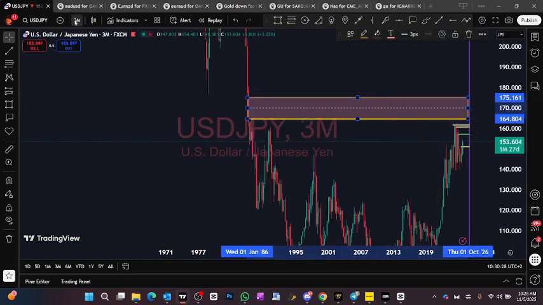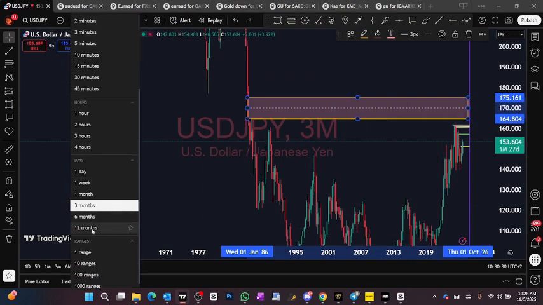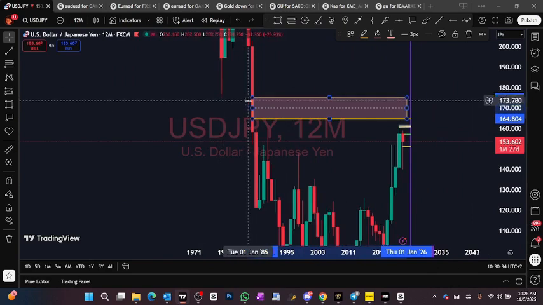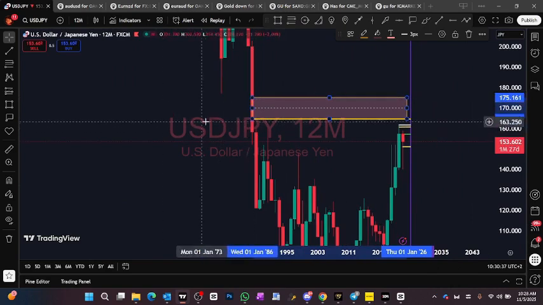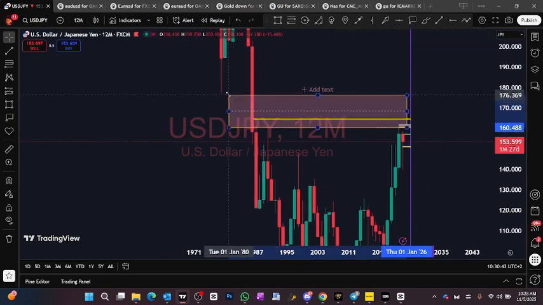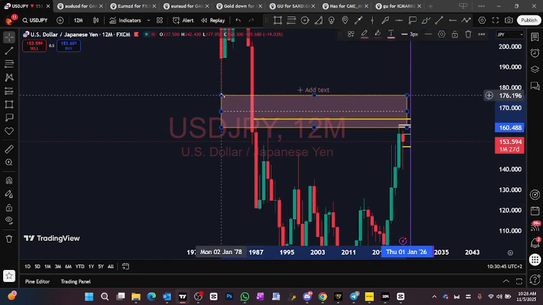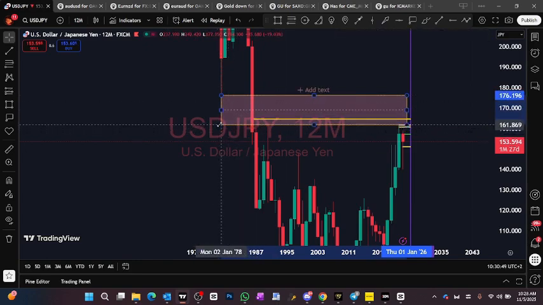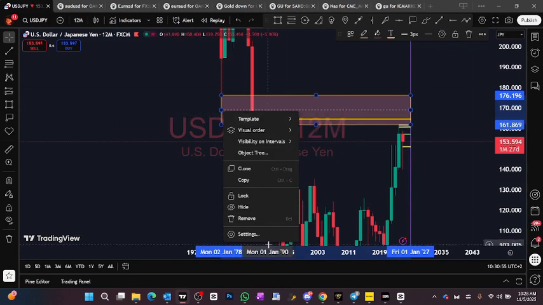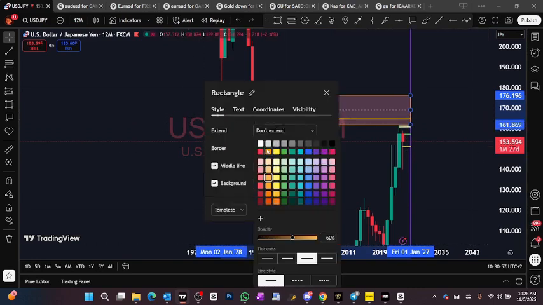But let's check. Let me check on 12 months. Just want to see if, okay, that fair value gap for the 12 months starts from here, and then it goes to here. So let's do this.